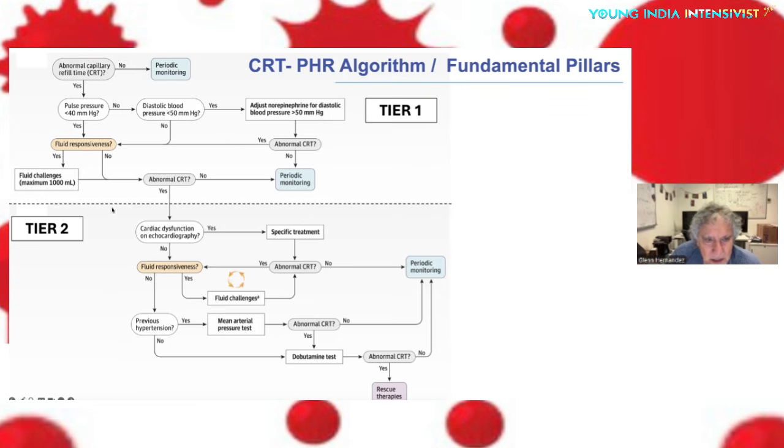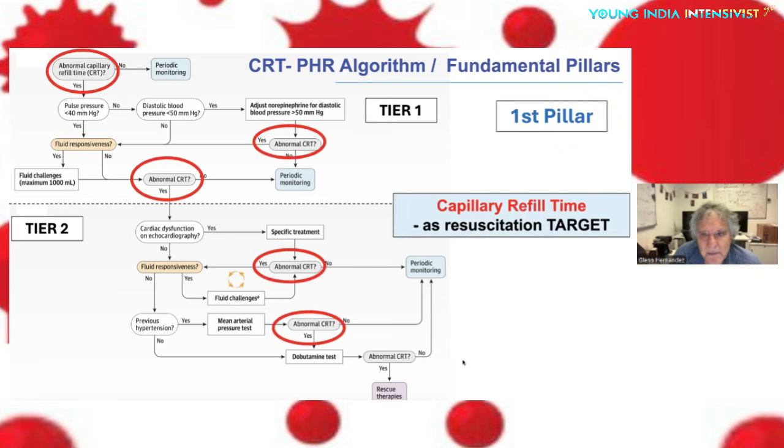In tier 2, briefly, we perform an obligatory echo in this transition because we want to correct severe cardiac dysfunction at this point. And if not present, you go for fluid responsiveness, and then the same as in Andromeda 1, a MAP test or the dobutamine test. Here, the first pillar is to use capillary refill time as a target.